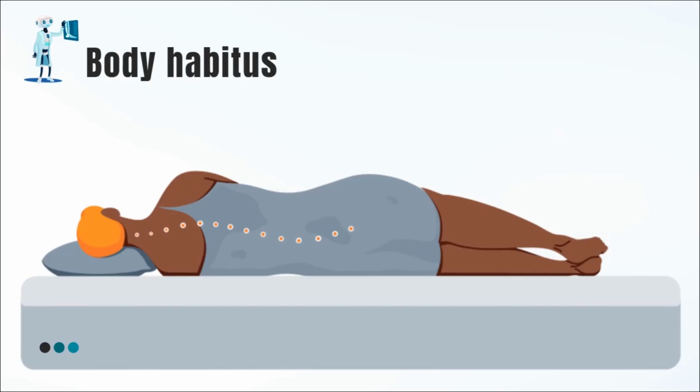And by that, I mean the different width of the patient's shoulders, the waist, and of course, the pelvis area. So mostly all the patients have a wider pelvis than their waist, especially in the female patients, almost all of them. And this will cause a curve in the lumbar area.